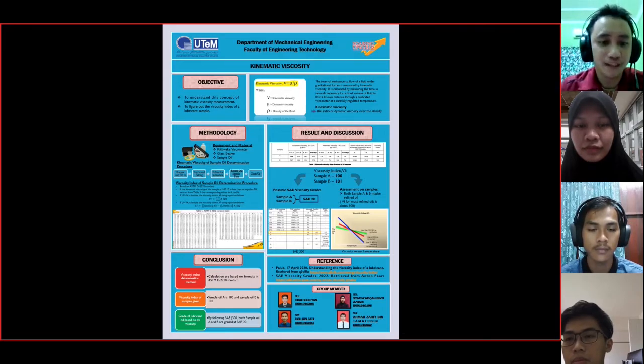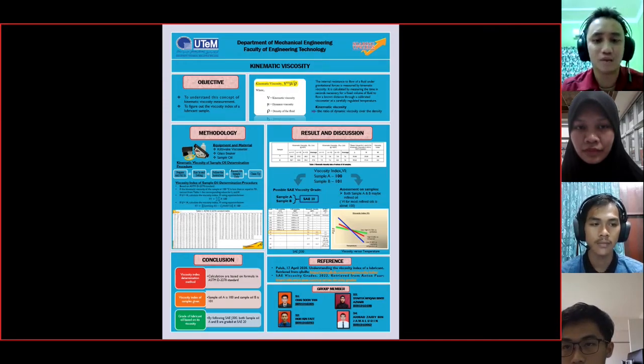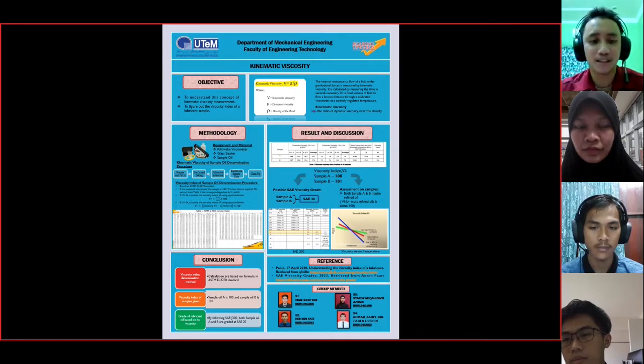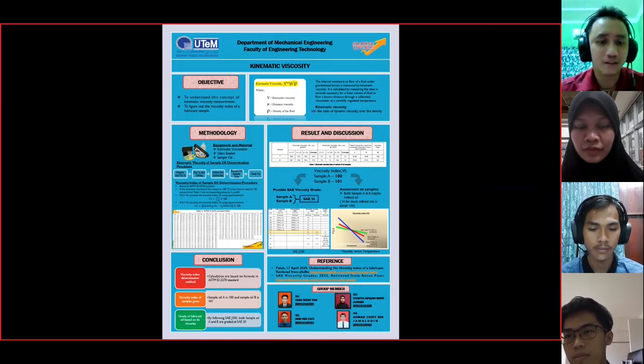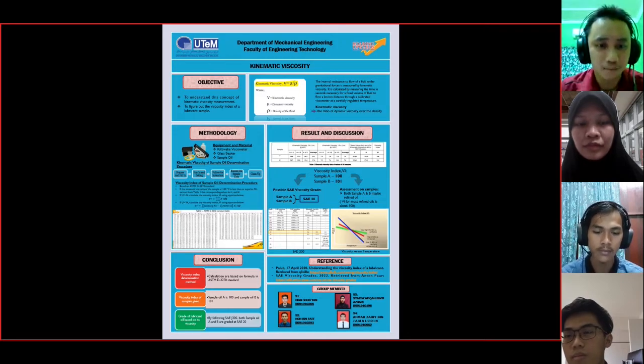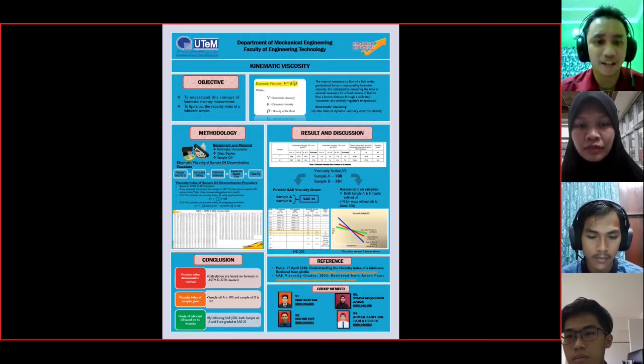In this lab, if the kinematic viscosity of the sample oil at 100 degrees Celsius is less than or equal to 70 square millimeters per second, we extract from Table 1 in the poster. I already showed the corresponding values of L and H.